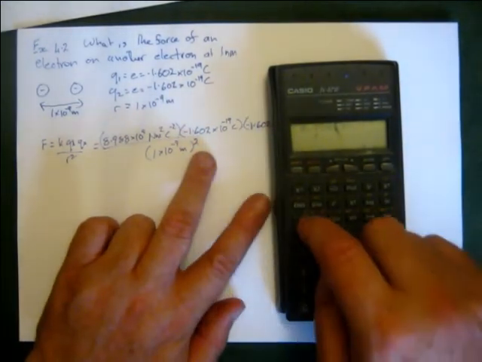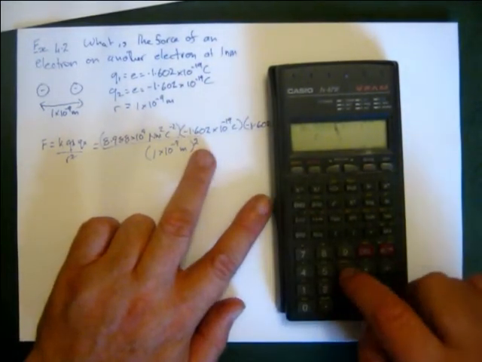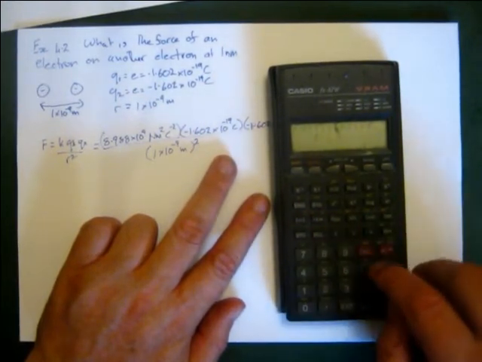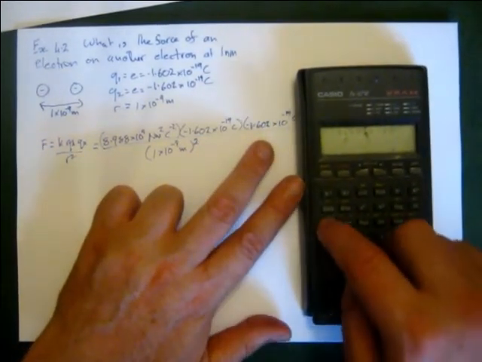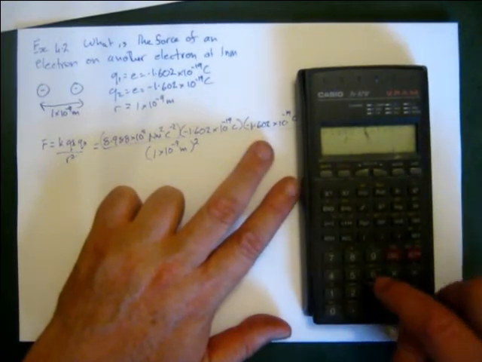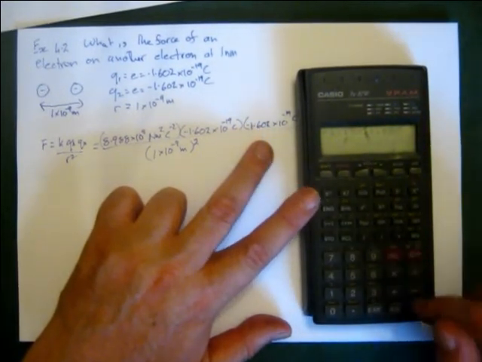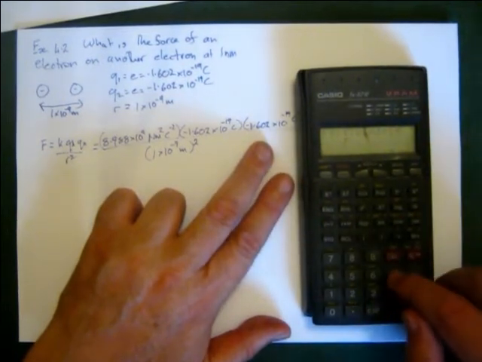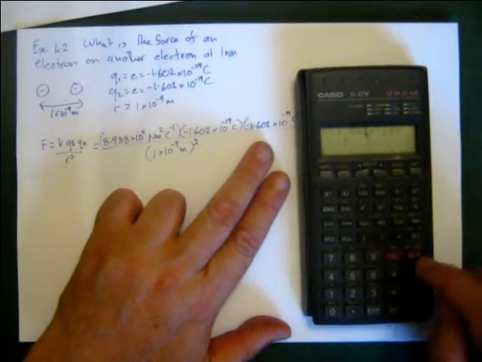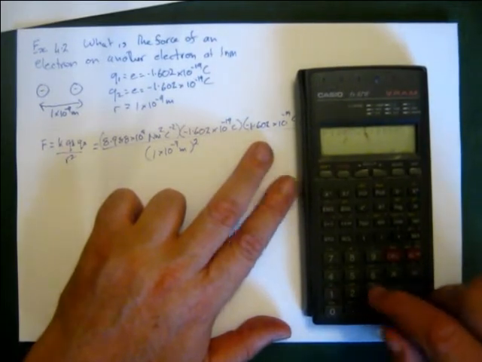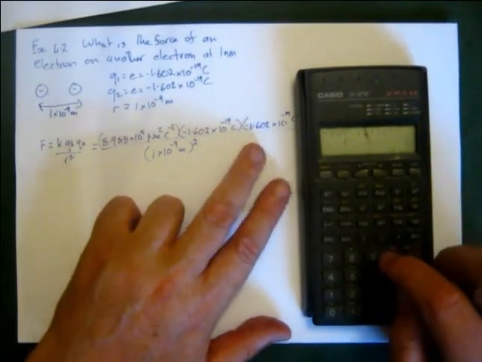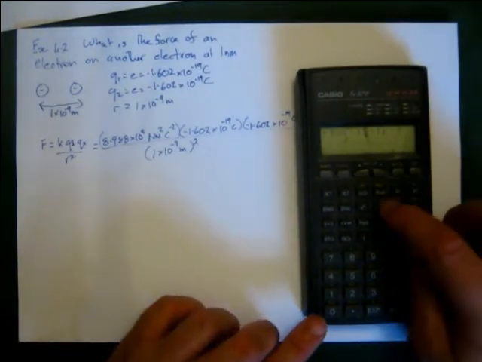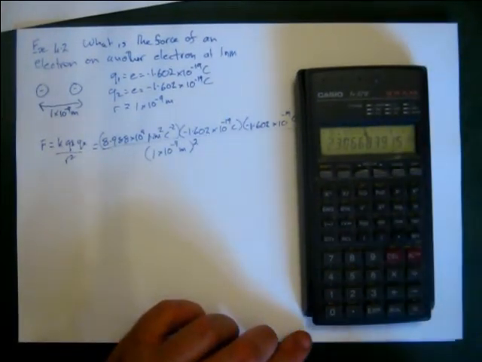Times negative 1.602 EXP negative 19, times negative 1.602 EXP negative 19, divided by 1 EXP negative 9, squared, equals.